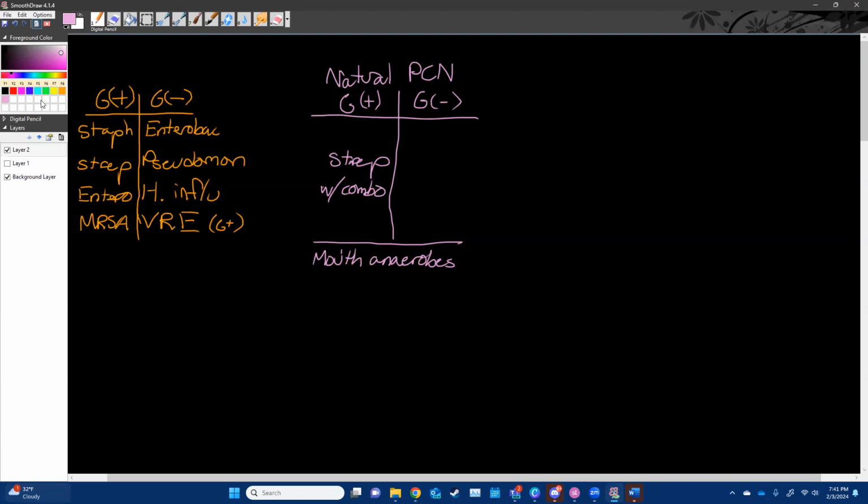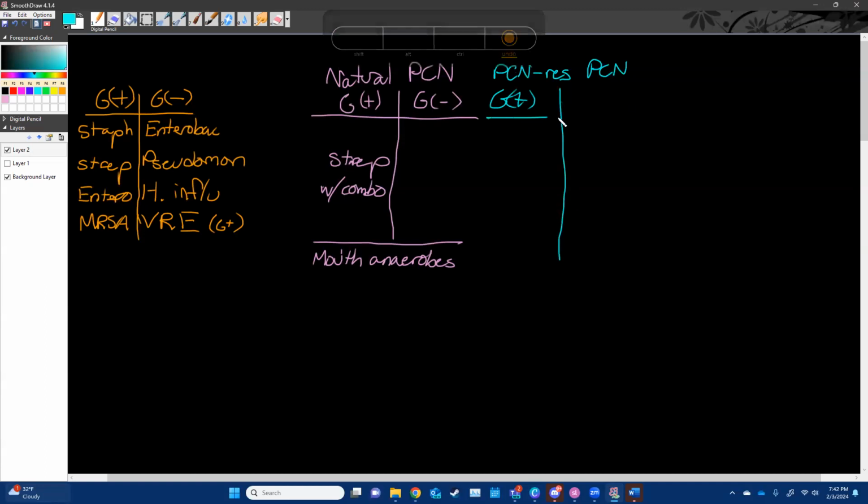Because so many different kinds of bacteria were breeding resistance to them, because the natural penicillins were originally active against staph, what had to be developed was the penicillinase resistant penicillins. What these drugs did is that they recovered the ability to cover staph.